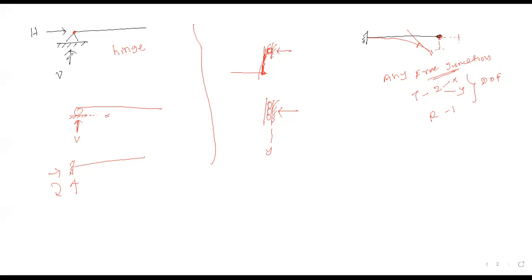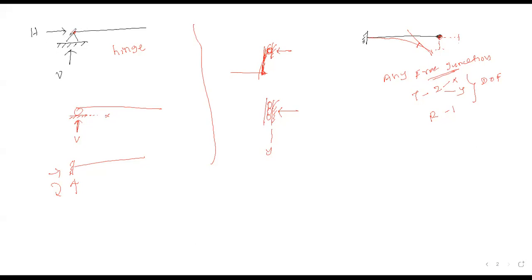Agree, sure? So it will not require any movement in either x direction or y direction. Such a junction does not require any movement in x or y direction. That's the reason there are 2 reactions for a hinge support.